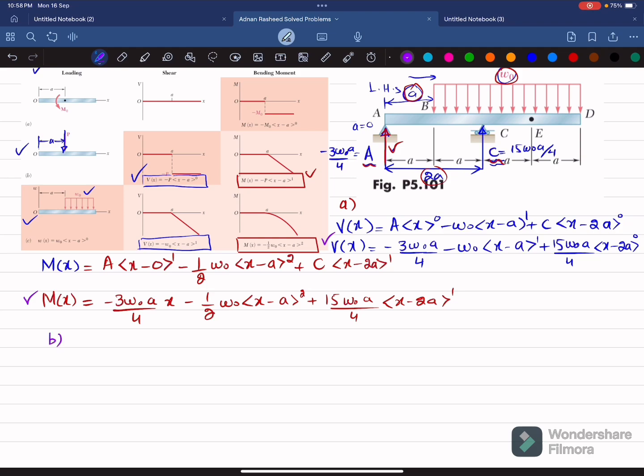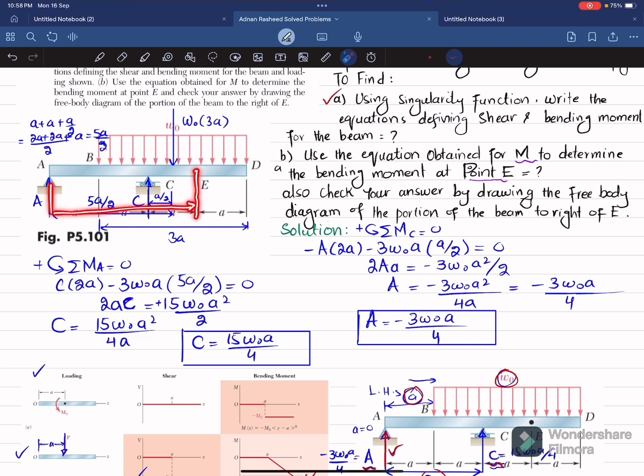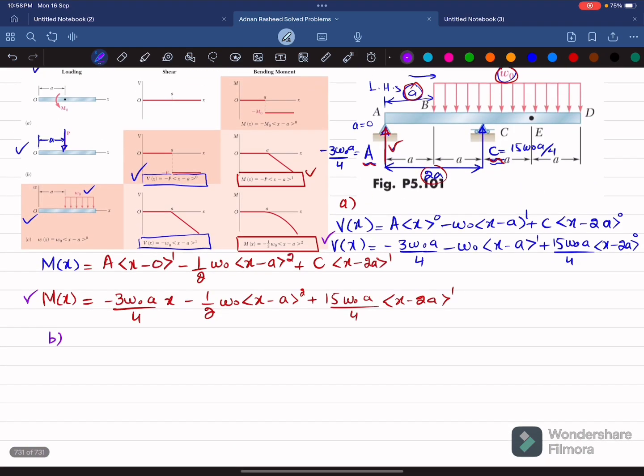Now in part B we have been asked to use the equation obtained for M to determine the bending moment at point E. So you can see that this point E is at a distance of X is equal to 3A. So what we will do is put X is equal to 3A in equation, let this be equation number 1.